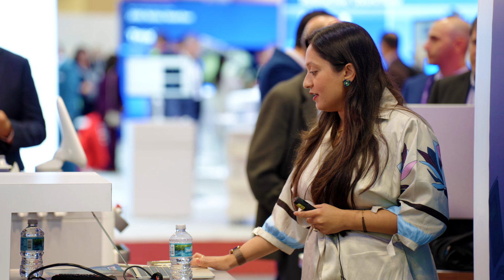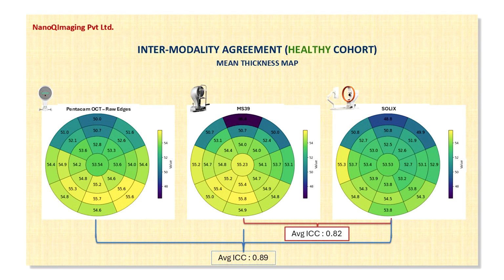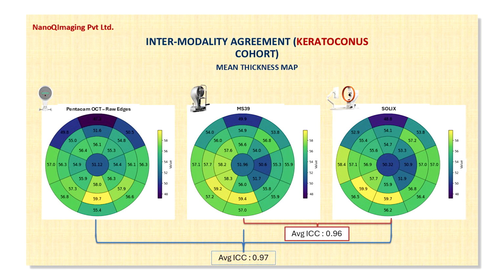If you look at the ICC, the intra-class correlation, between the Pentacam and MS-39 or Pentacam and Solix, you can see that the Pentacam is nearer to 0.9. Of course, 1 is the best, but 0.9 or above is always excellent. So in a healthy cohort, the Pentacam OCT was doing better than the other 2 devices.